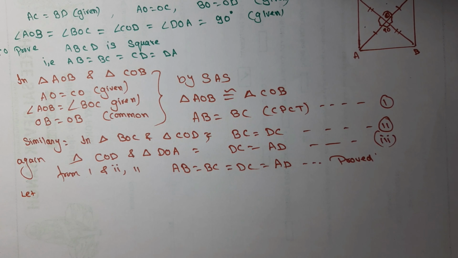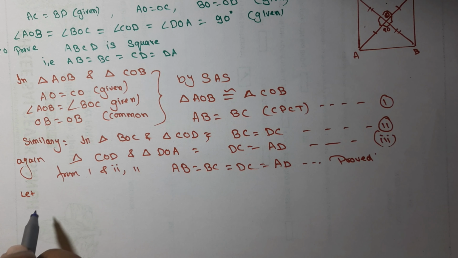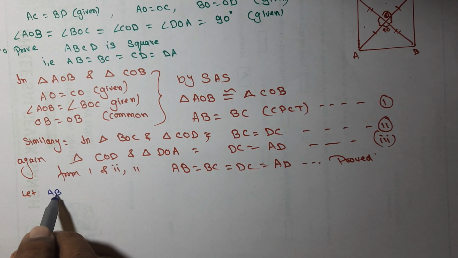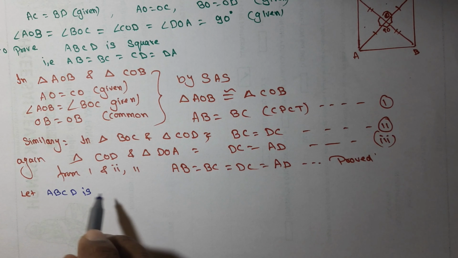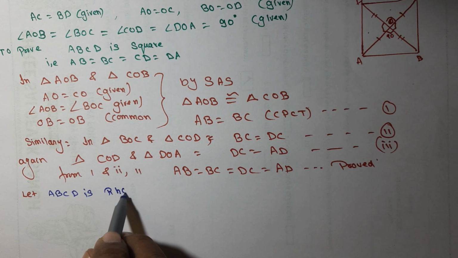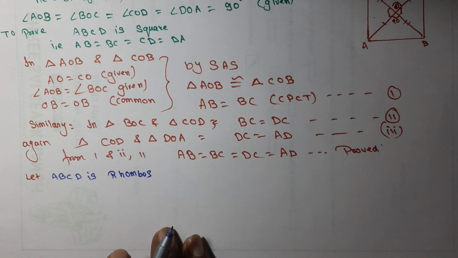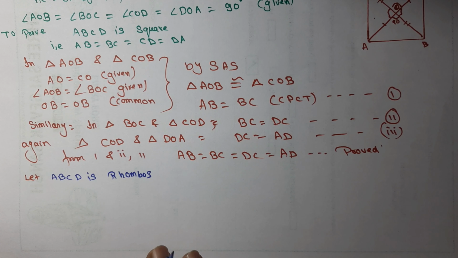So we'll change the pen. Let ABCD be a rhombus. Okay, ABCD is a rhombus. Now here, in the rhombus, we will take any two big triangles. What are the two big triangles?